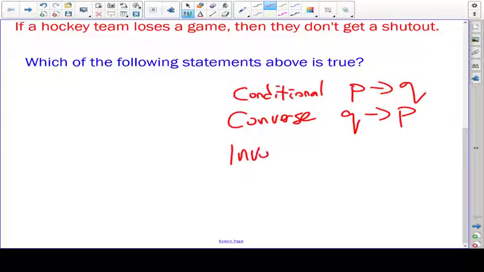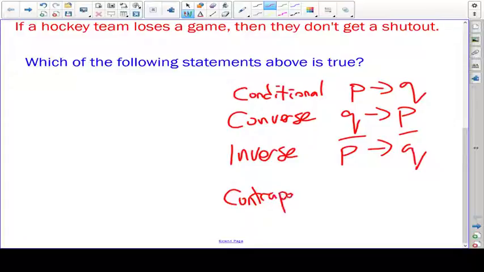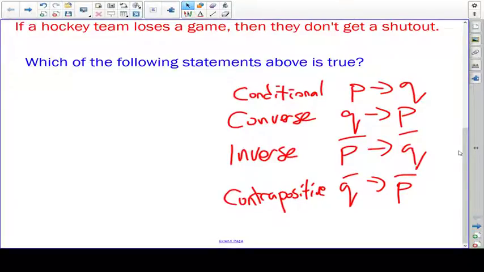The inverse, P and Q stay in their respective positions, but now it's not P implies not Q. And the contrapositive is not Q implies not P.